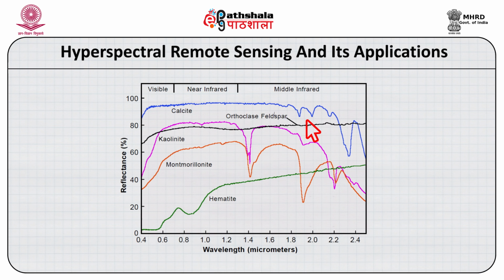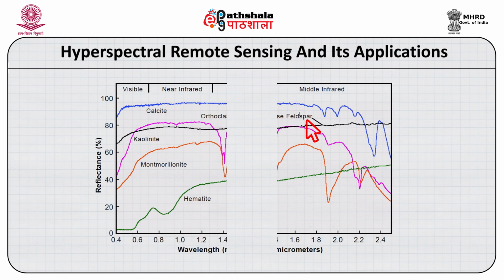My summation is that if you want to differentiate, separate out and identify different minerals, you have to have data from hyperspectral sensors, which sense in several hundred narrow bands.